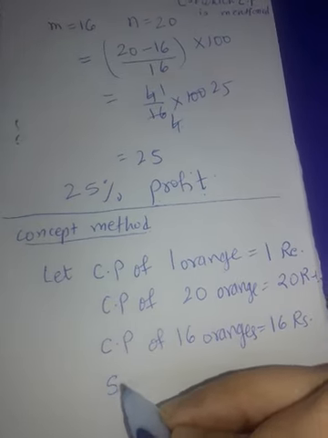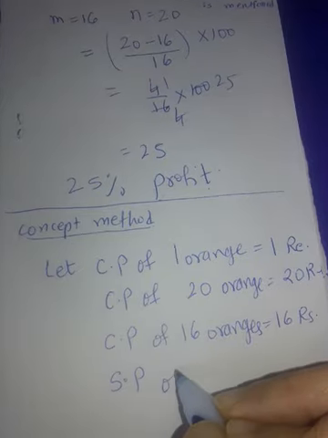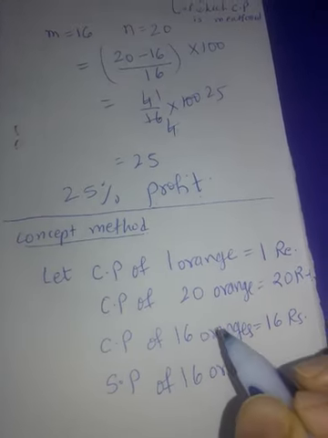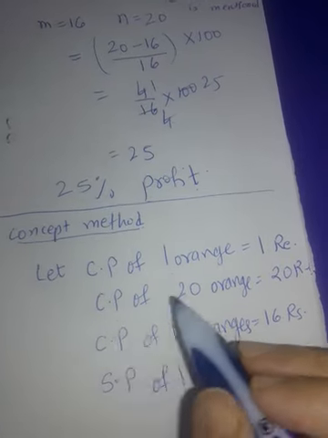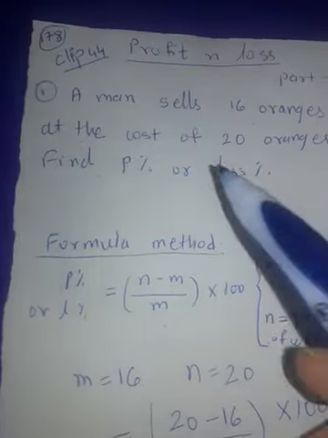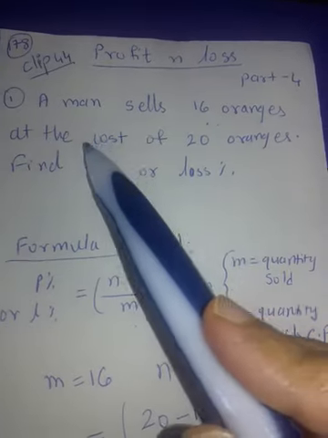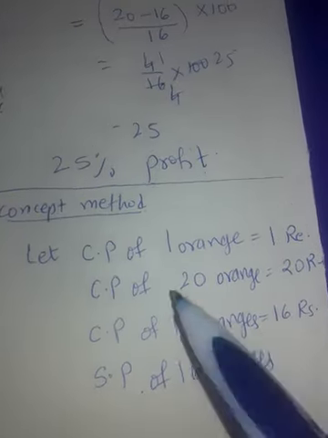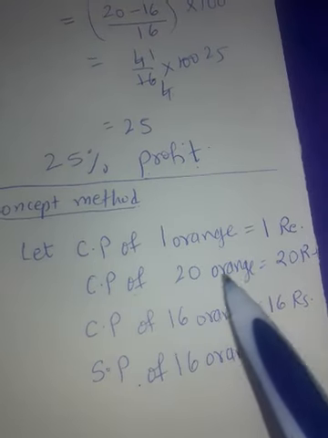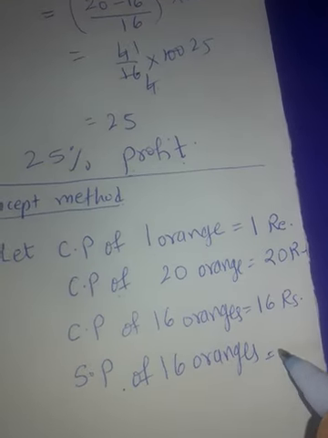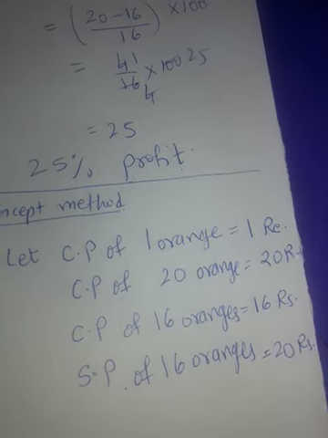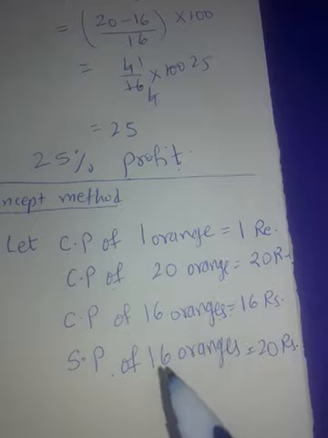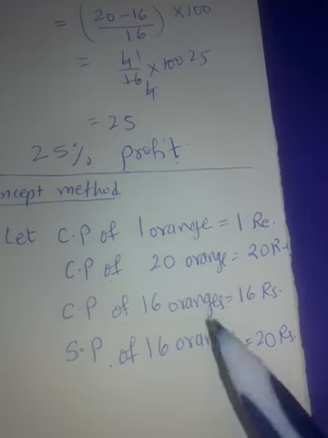But he is selling it at what cost? He is selling these 16 oranges at the cost price of 20 that is given to us. He is selling 16 oranges at the cost of 20 oranges. So the selling price of 16 oranges is this, the cost of 20 oranges. Got it? So now we have the cost price of 16 oranges. We also have the selling price of 16 oranges.